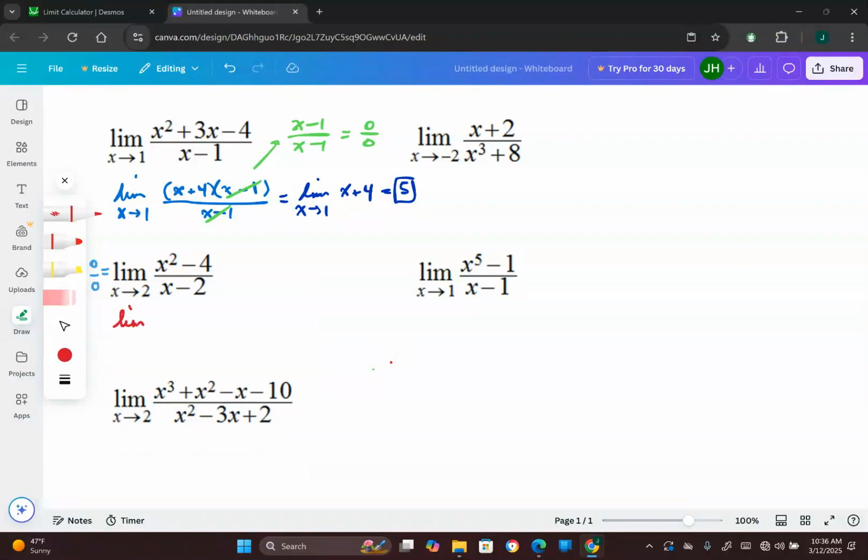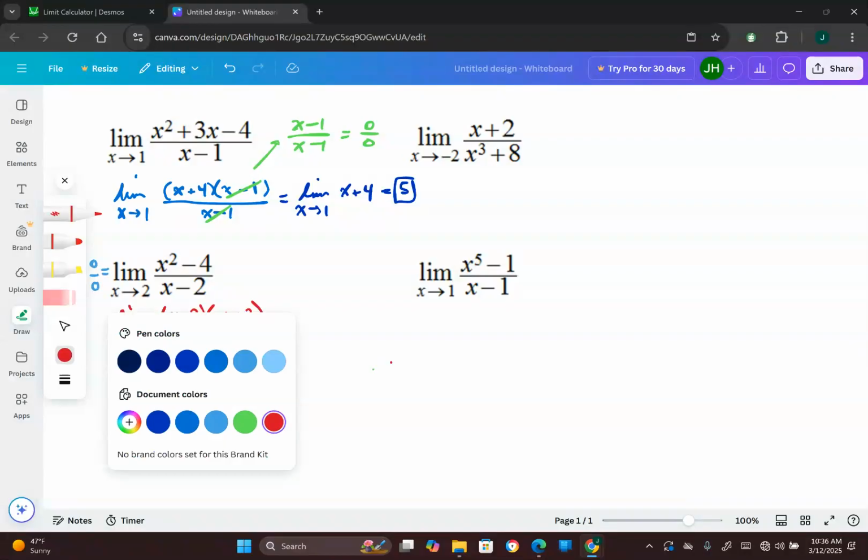I'm going to take the limit as x approaches 2, and I'm going to factor. Now, like I said before, if x approaches 2 and you get 0 over 0, there's going to be its corresponding factor, x minus 2, on the bottom, and it's going to be x minus 2 on the top. Now, the top is a difference of squares, so it's going to factor into x minus 2 and x plus 2.